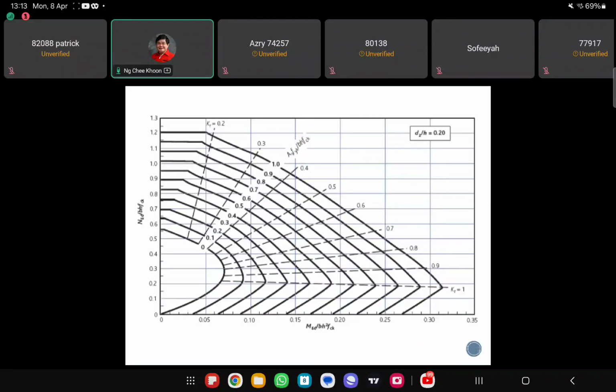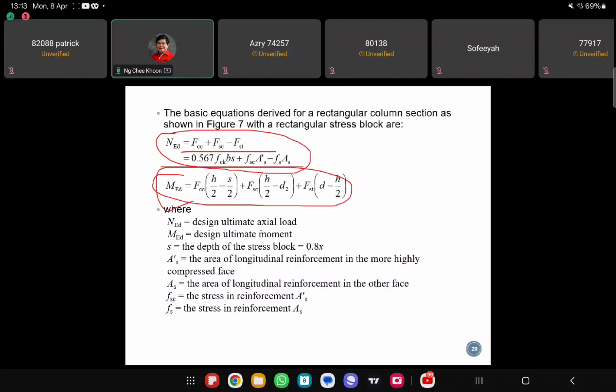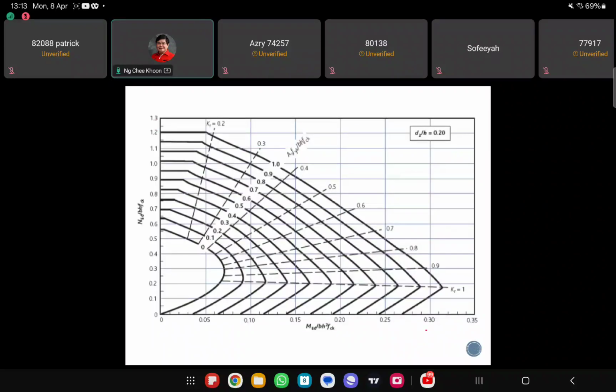So all this has been used to plot the charts like this, right? In this chart we have NEd over bh fck. So we only need to know this term here and then this term here, MEd over bh squared fck, right?